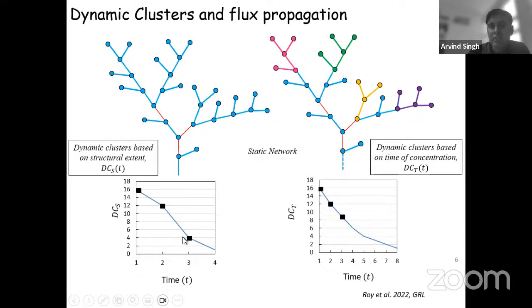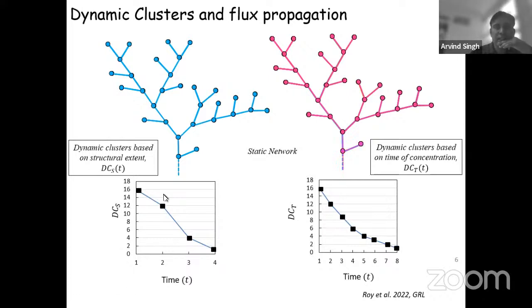In the case of DCS, the number of clusters is 4, whereas in the case of DCT, the number of clusters is 9. As we go further, we see that we have achieved full connectivity in the case of DCS, that is, from the point of minimum flow condition, all these channels are now connected, whereas DCT is still not connected at that time instant, and it takes longer to connect the whole network from the point of maximum flow or the peak flow, that is, the peak flow at the most downstream end.